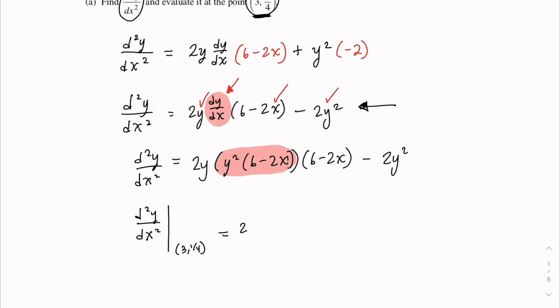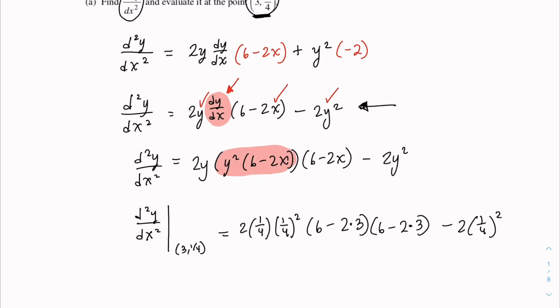So 2 times y, that's 1/4, times y squared, that's 1/4 squared, times 6 minus 2x, x is 3, times 6 minus 2x again, minus 2 times 1/4 squared. So I'm noticing right away I can simplify these fractions, but I'll be multiplying by 6 minus 6 is 0.